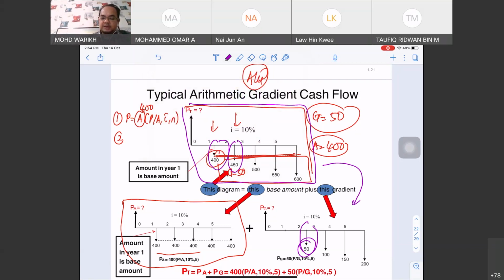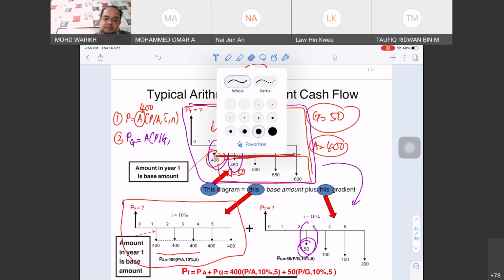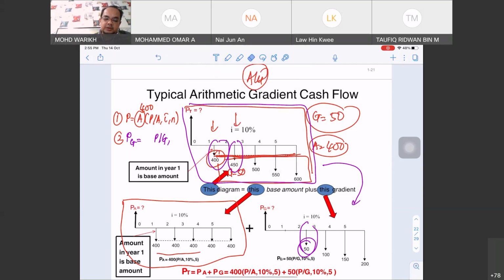We have to find, it's still the same, PG. Sorry, it's not A, it's G. Gradient, P over G, I, N.